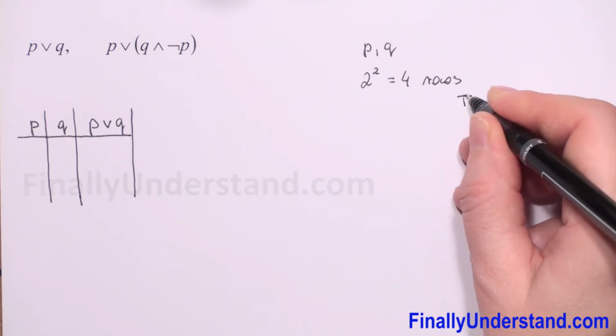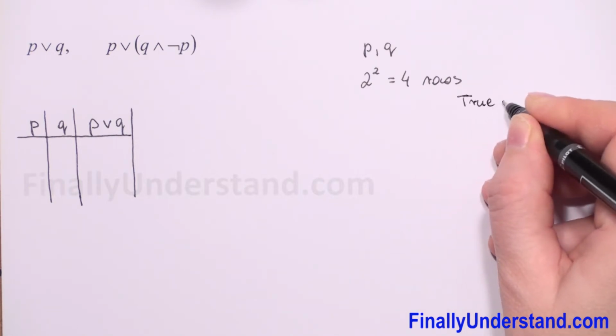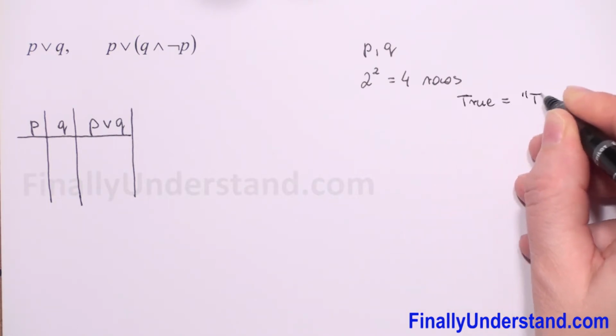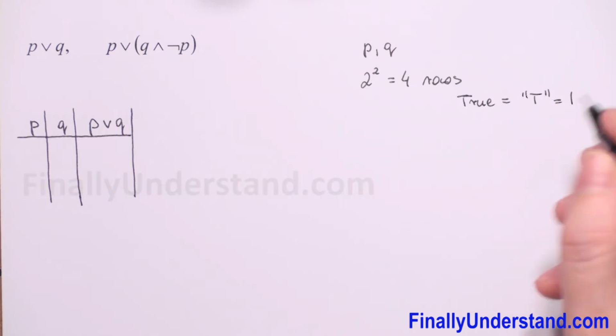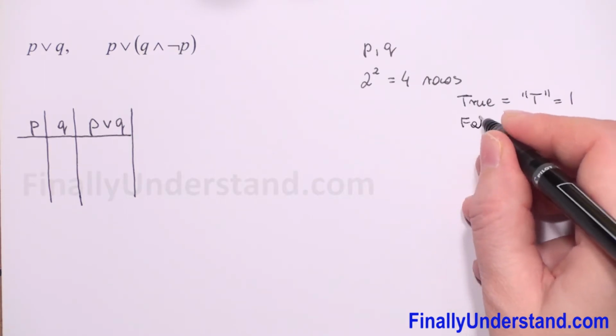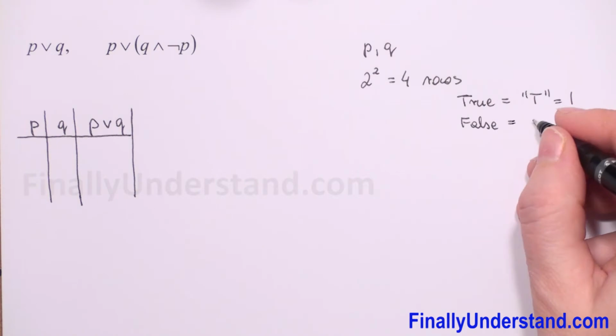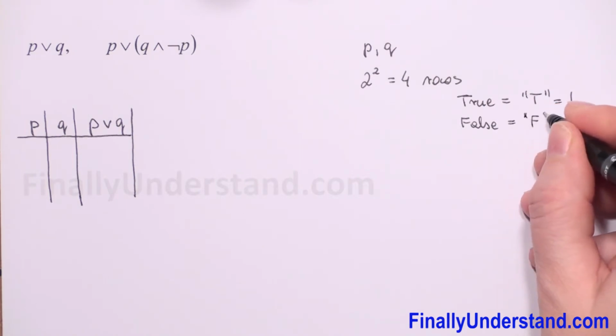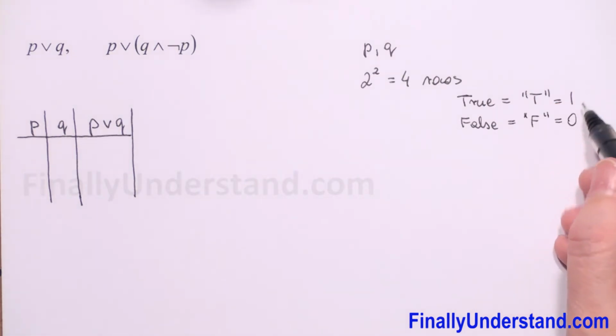For true, you can use the symbol T or 1. For false, we can use F or 0. I like to use 1 and 0.